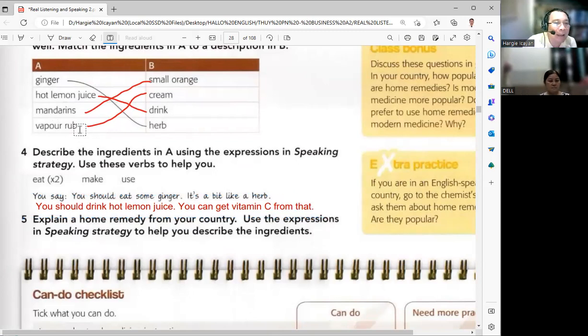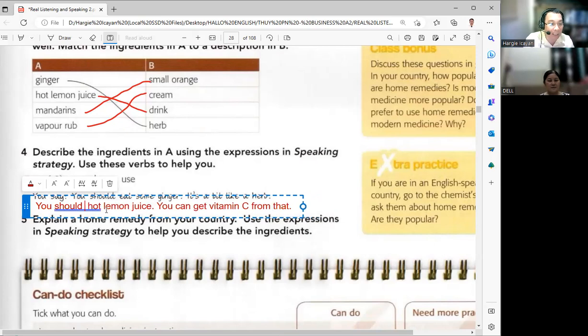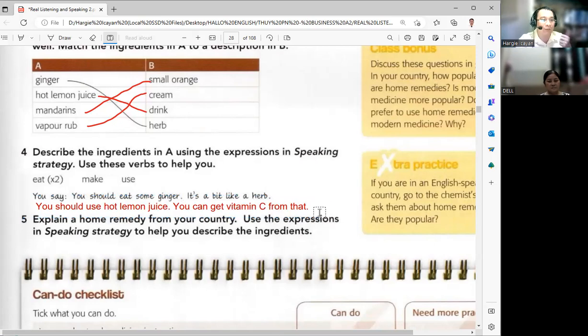Next, what about mandarins? You should eat mandarins. Drink, we don't have a drink in here, right? So you should use. Okay, very good. So we have to say you should use hot lemon juice. You can get vitamin C from that. Next, mandarins.